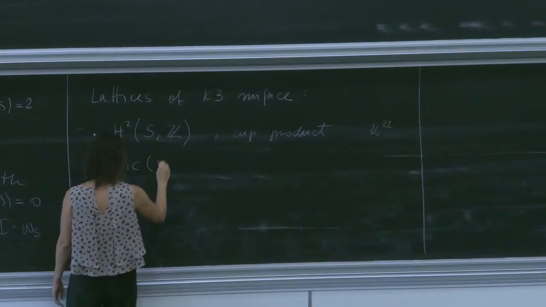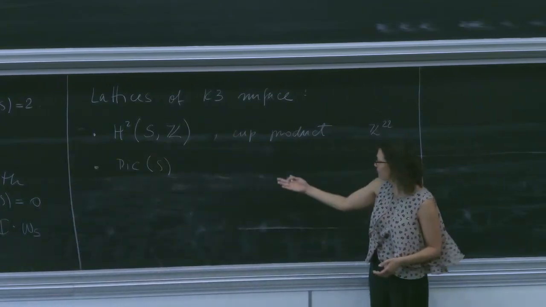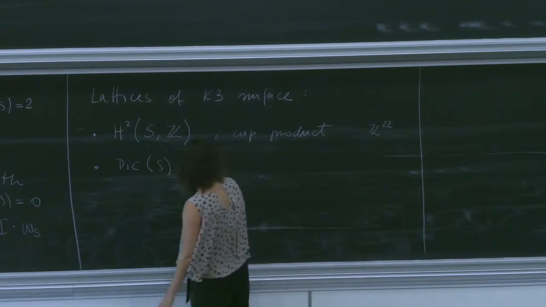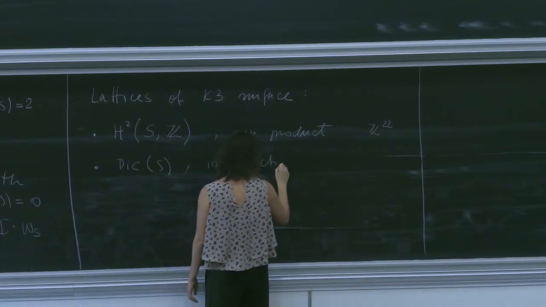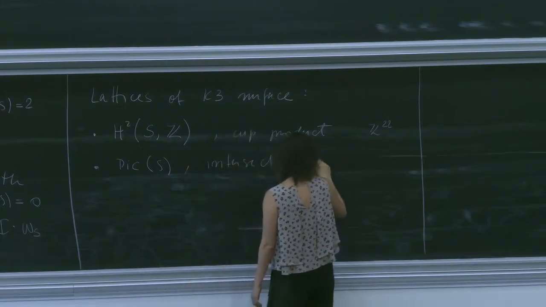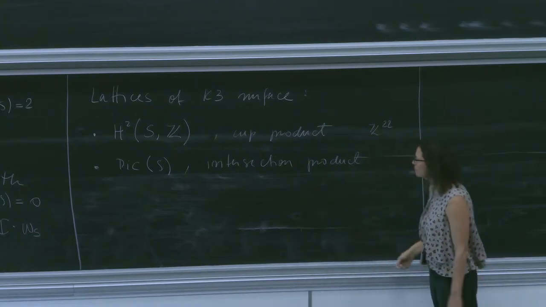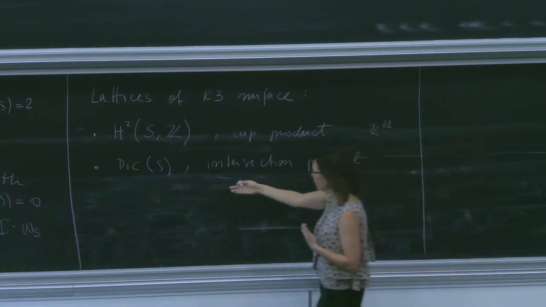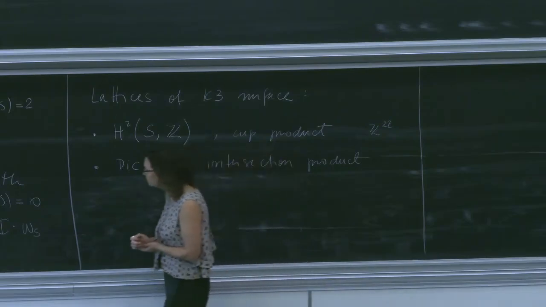So we have the Picard group of S, which is a finitely generated Z module, together with the intersection product of curves. And now the rank of this one will, in general, vary.